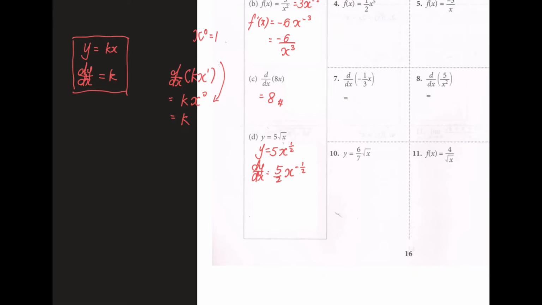Normally we don't leave the answer like this because the question is in square root or surd form, so we normally change it back to surd form as well. When we have a negative power, it goes to the denominator and becomes a positive power, positive half. And x to the power of half is square root of x. Because of that, we can put this as the final answer.